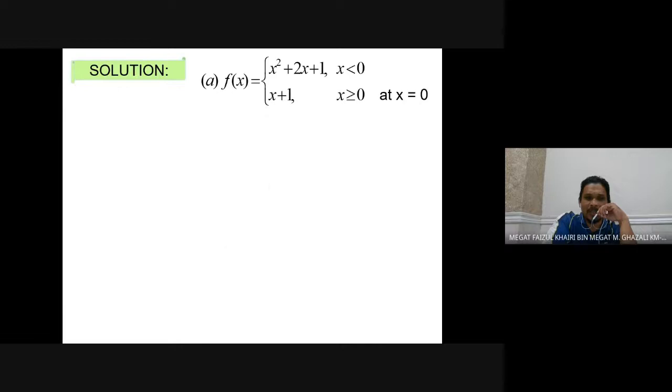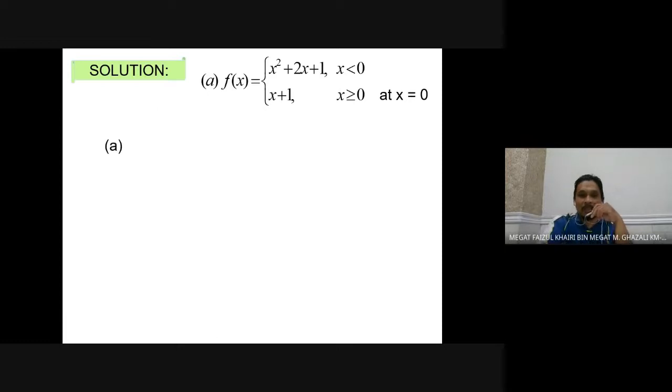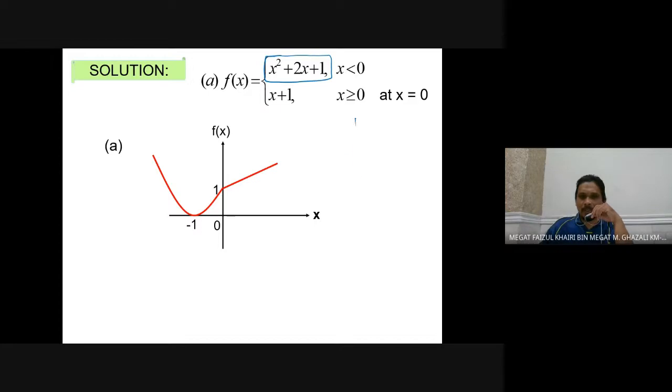Okay. So what about this one here now? Sketch the graph and determine the continuity. Okay, class, I'll only show you one of the graphs here. If I sketch this graph separately, as we know, this is the graph of x squared plus 2x plus 1, it's going to be like this.